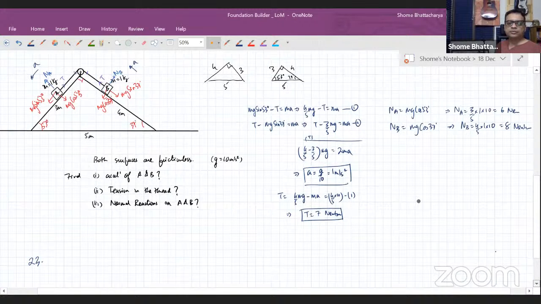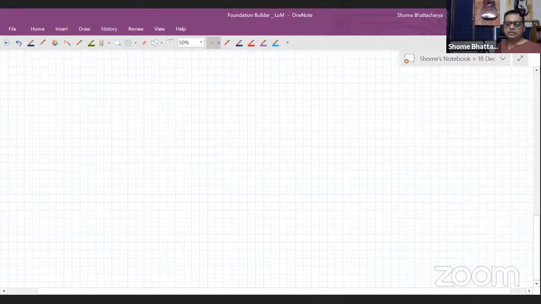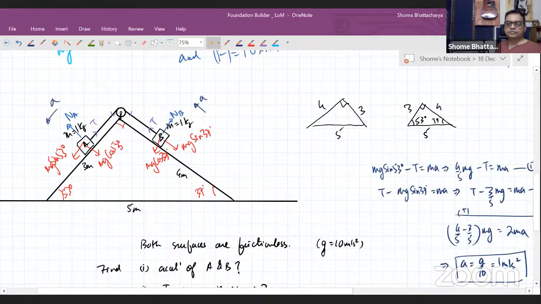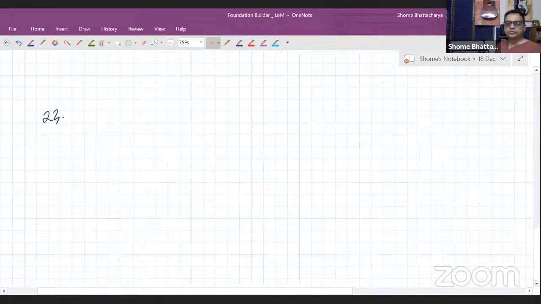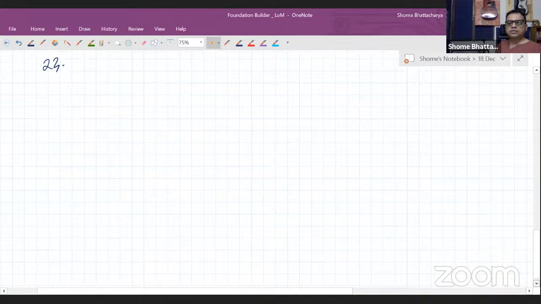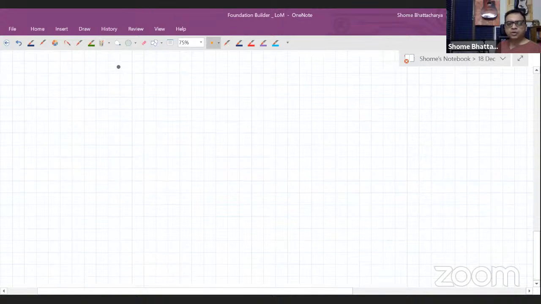So it's based on that Atwood machine diagram, which is part of the 22nd question. So first let's solve the acceleration of the system, then we'll talk about question 23 itself.